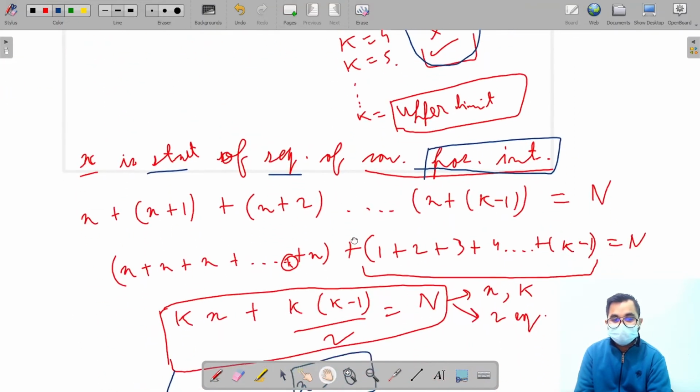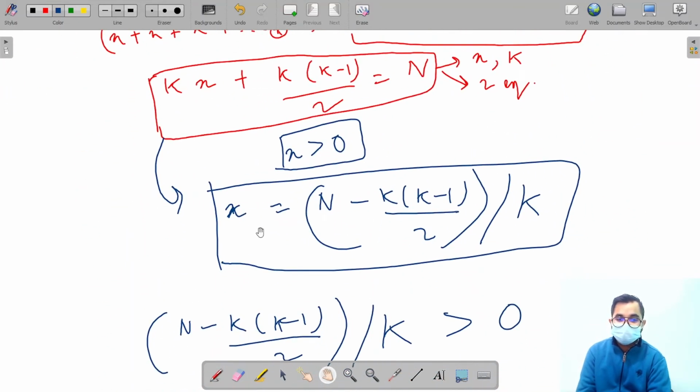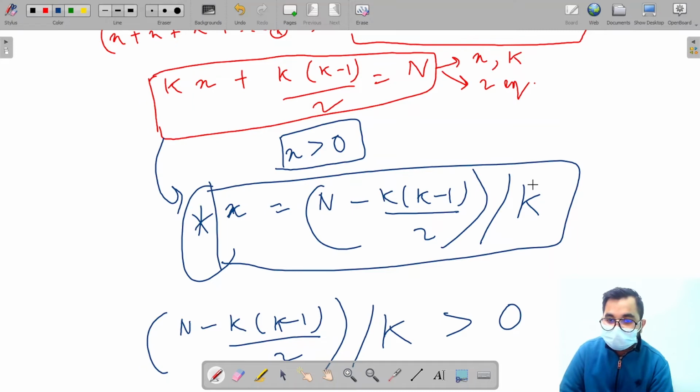Okay, now this equation is going to come in handy, because now we know x and we know k, because we have put a condition on that. We already know n.